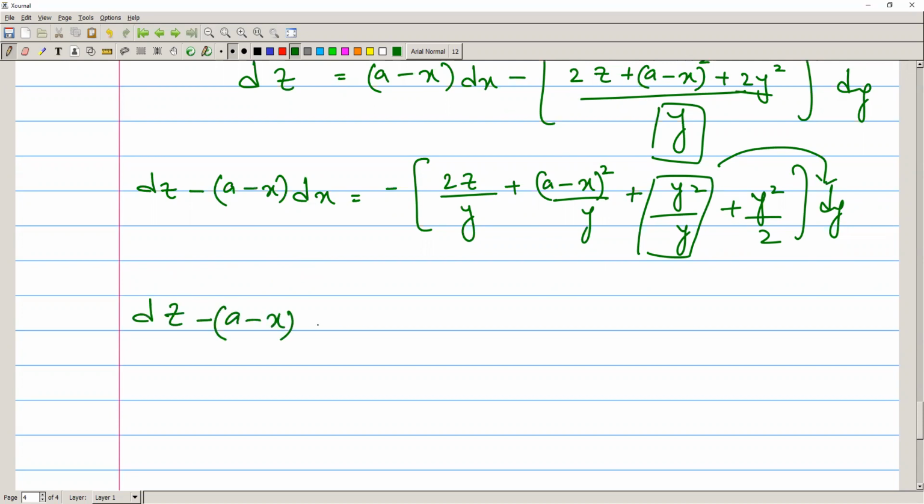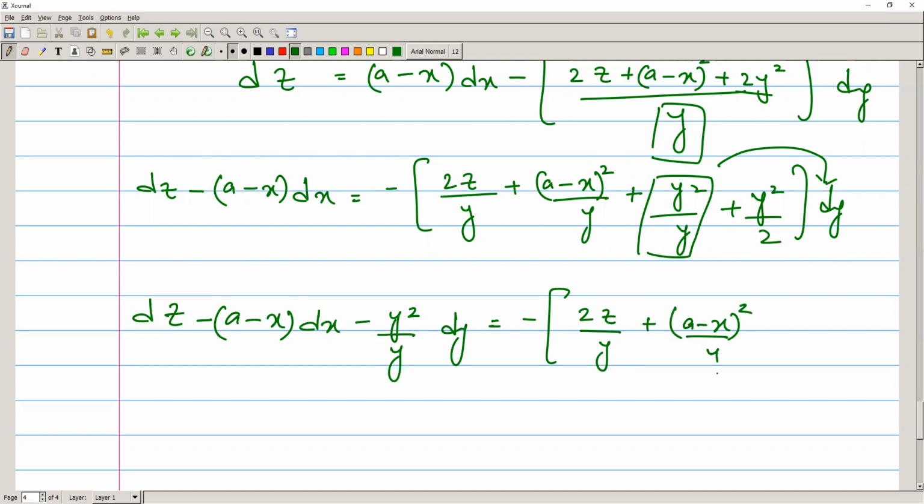For simplification, it will be minus y squared over y dy. So I will be left with only 2z over y plus a minus x squared over y plus y squared.